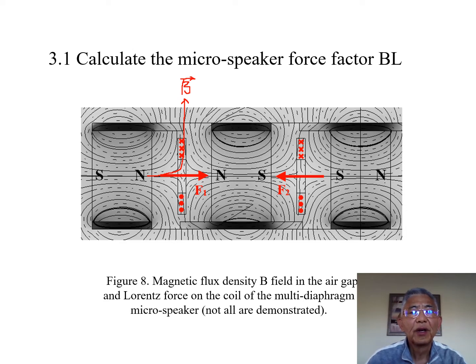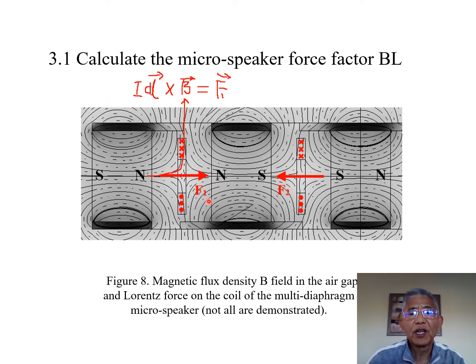This is the B. And the current in the coil, based on the right-hand rule, you get the Lorentz force like this.